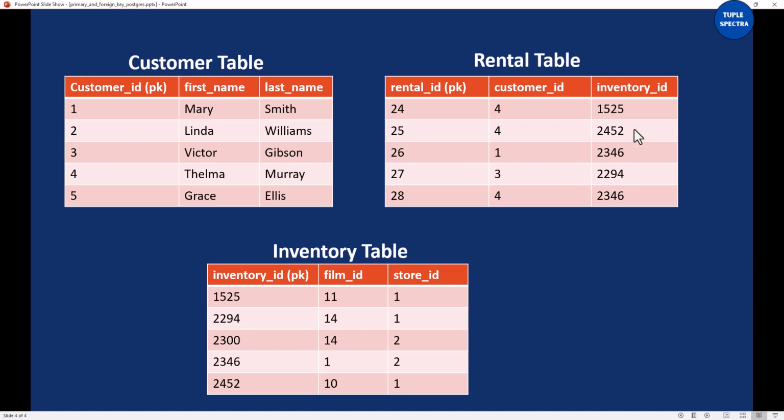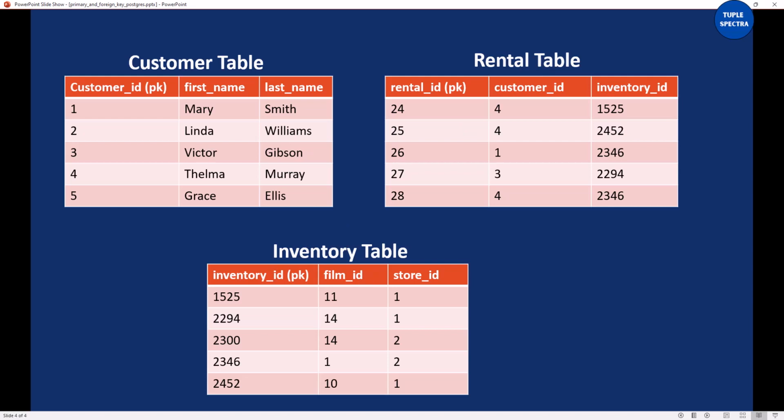Now, another example also is this. Take a look at this. This one has inventory ID. That's the rental table also has inventory ID. Inventory table also has inventory ID. And we know that in the inventory table, the inventory ID is the primary key. So now, how do rental table and inventory table relate to each other?